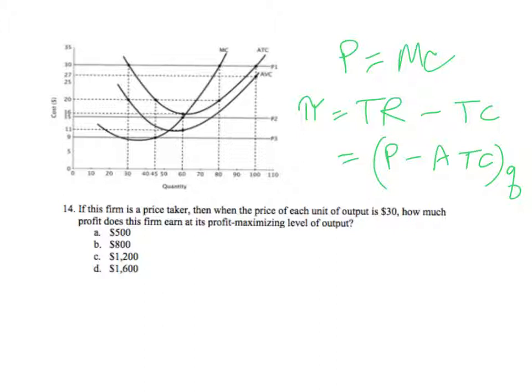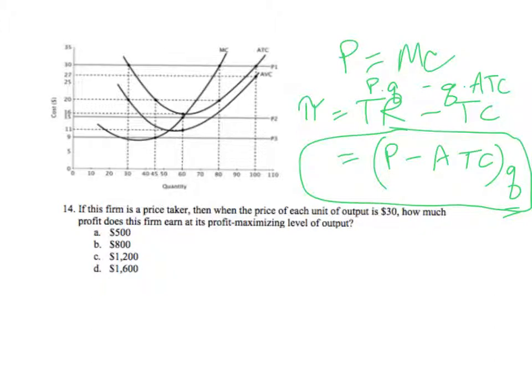Total revenue is price times quantity. Total cost is quantity times average total cost. Average total cost is total cost divided by quantity. So anyway, notice I can factor a quantity out of that expression and get this one. So this is going to be the definition of profit that really is useful in this framework, which is going to be our workhorse as we go forward in the analysis of various market structures.